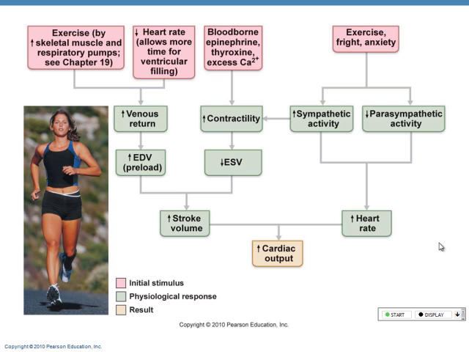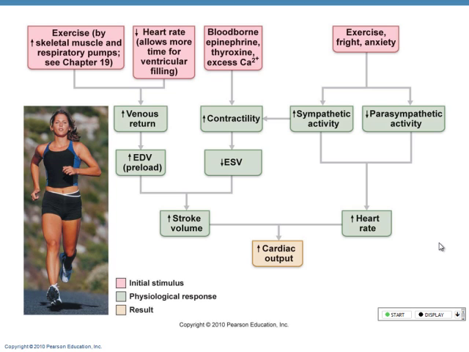Typically we use an average here of about 70 milliliters per cardiac cycle. Now that is not a given number. It's different for everyone, isn't it? Sometimes it's higher, sometimes it's lower. So stroke volume can be affected by several different things, like how elastic your heart is.